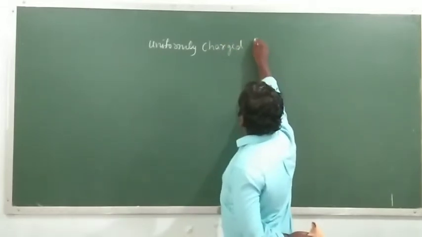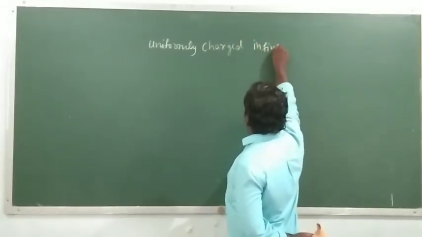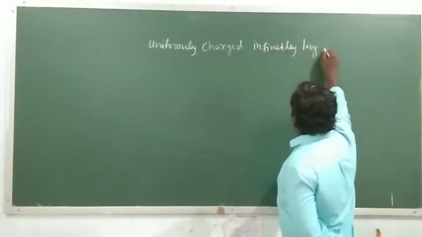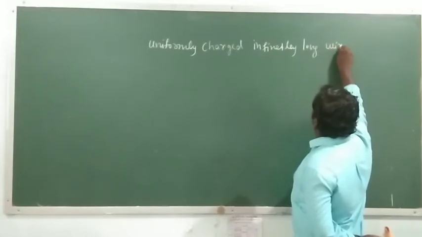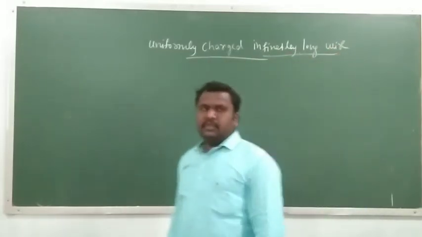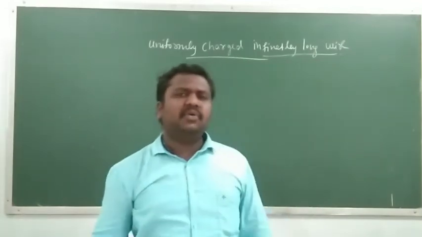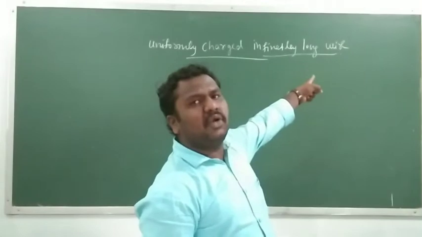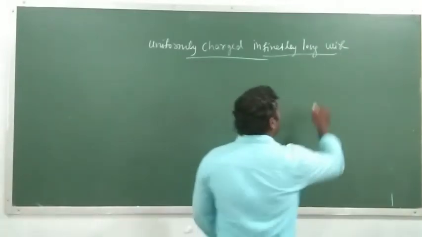Yes, so this is very important. We have to think of the distribution of the charge. They have clearly mentioned that it is for a wire. So I am going to consider a wire.